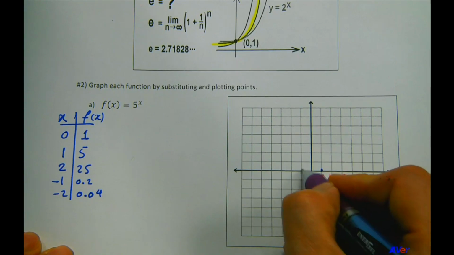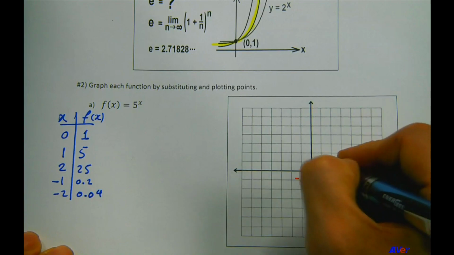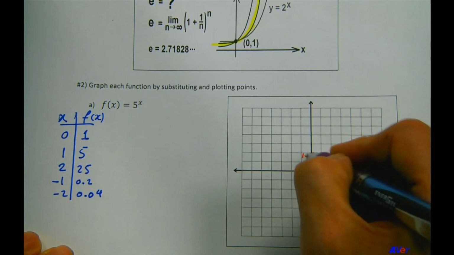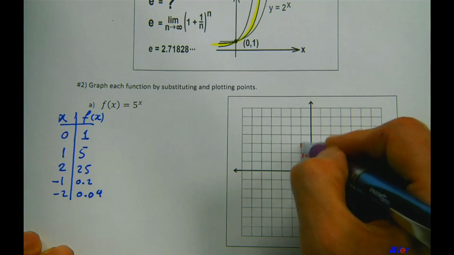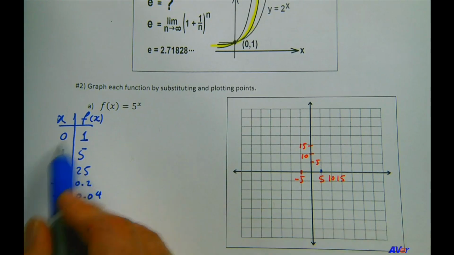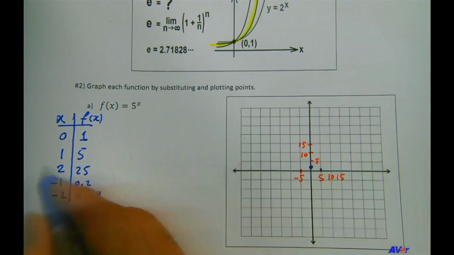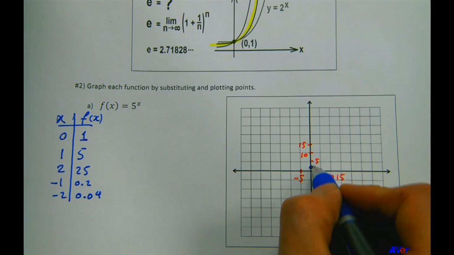And on this side, it will be negative 5, and so on. Then 5, 10, and 15, and so on. Maybe that wasn't the best choice for incrementing my axis, but it's okay. So (0, 1) would be somewhere here. (1, 5) would be somewhere here.